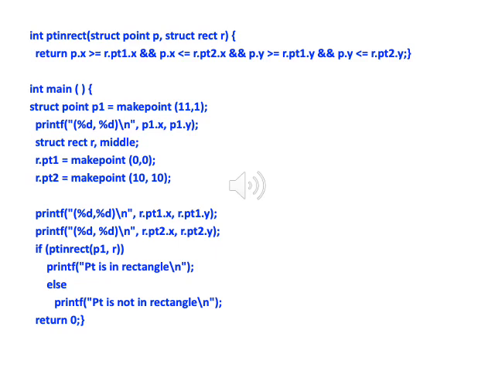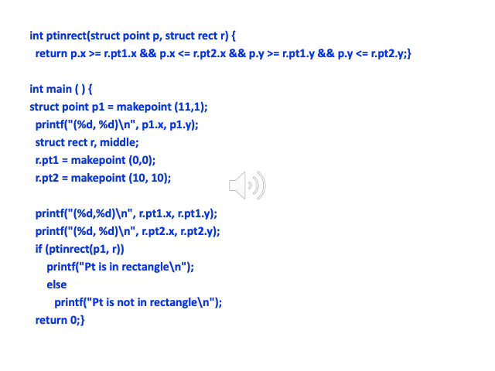If you see the expression we are returning, what this is doing is p dot x is greater than or equal to r dot pt1 dot x, and p dot x is less than or equal to r dot pt2 dot x. So we have to check whether the x component of point p is within the bounds of the x components of p1 and p2.